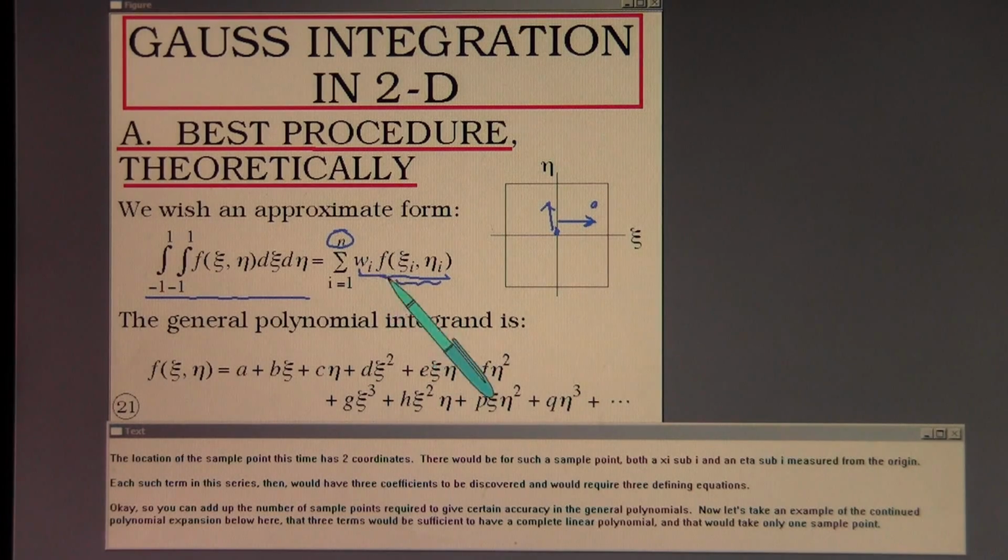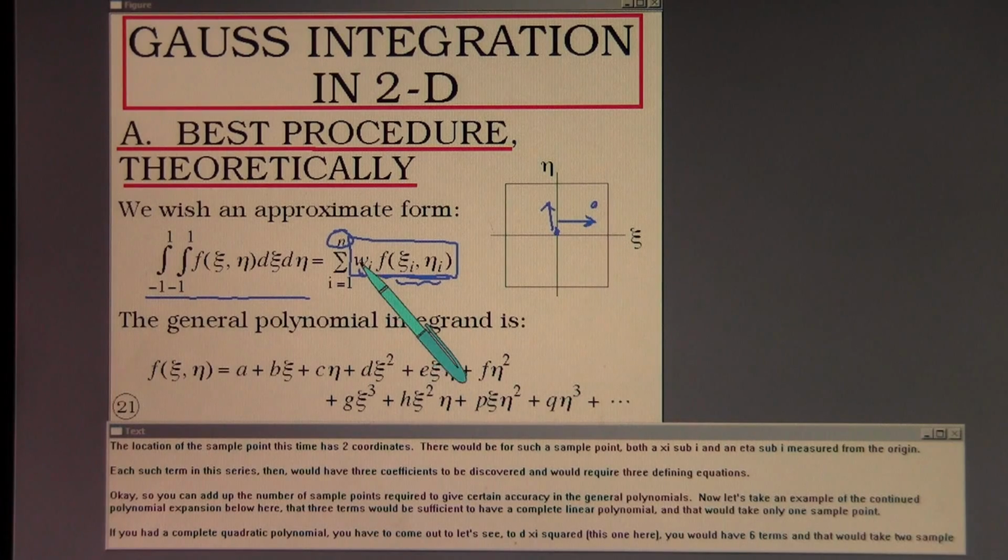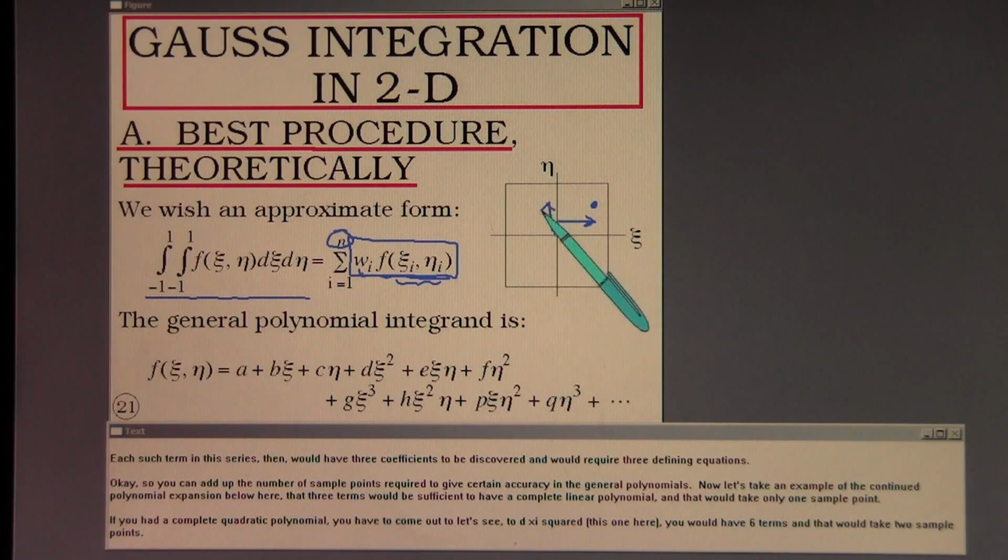Each such term in this series then would have 3 coefficients to be discovered and would require 3 defining equations. Okay, so you can add up the number of sample points required to give certain accuracy in general polynomials.